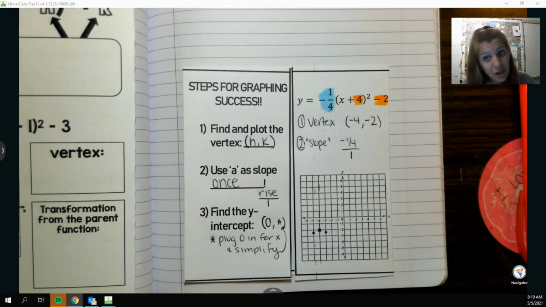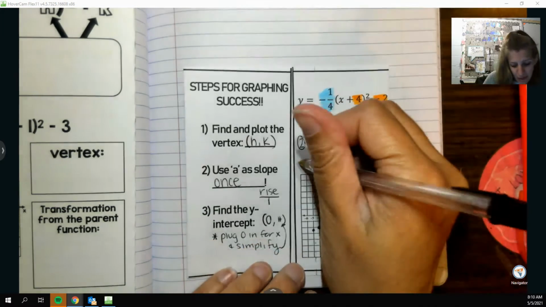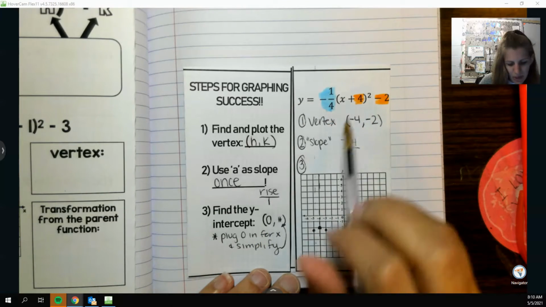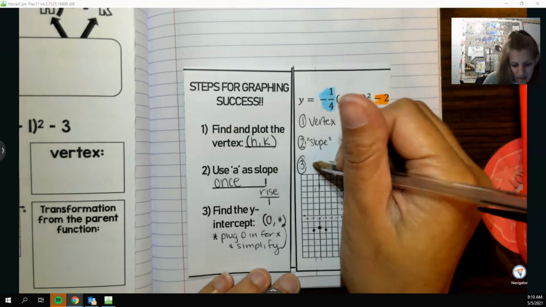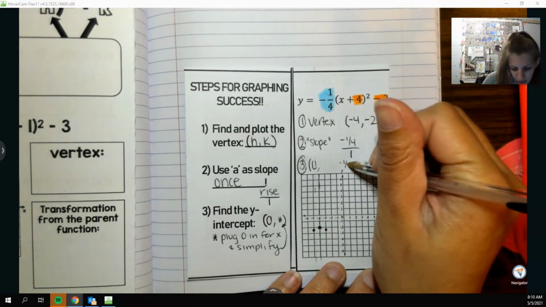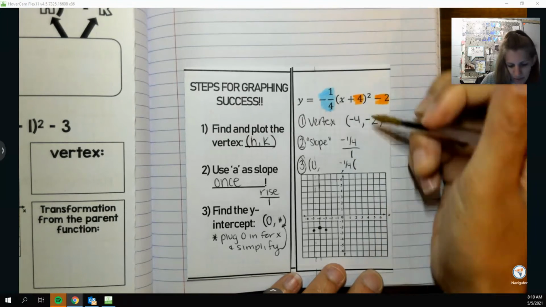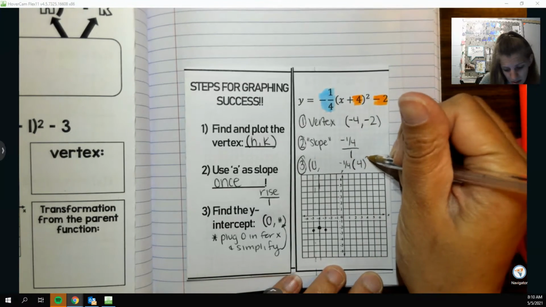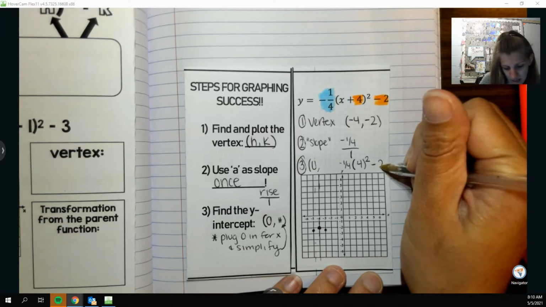If you want a really good looking parabola, the third thing that we can do is find our y-intercept by putting 0 in place of x. So if we do that, we'd have -1/4 parenthesis, now 0 plus 4 is just 4, squared, -2.